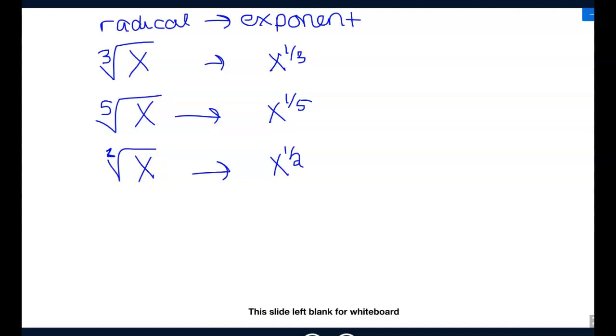So if you had the 6th root of x to the 11th, then it becomes x to the 11th over 6. I don't care if it's an improper fraction. Now, if it's something that simplifies nicely, you should simplify it.